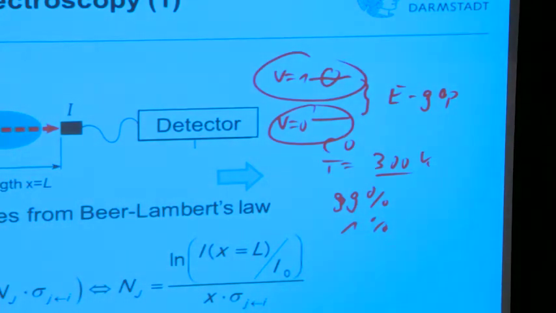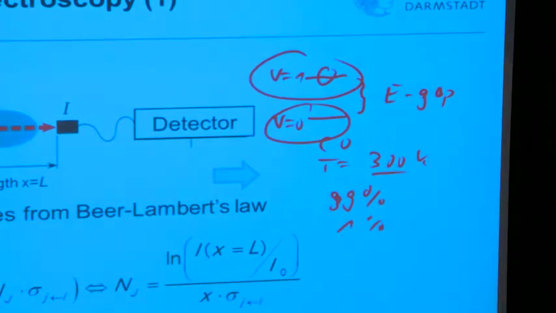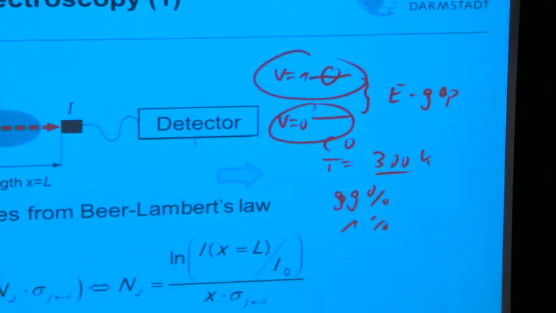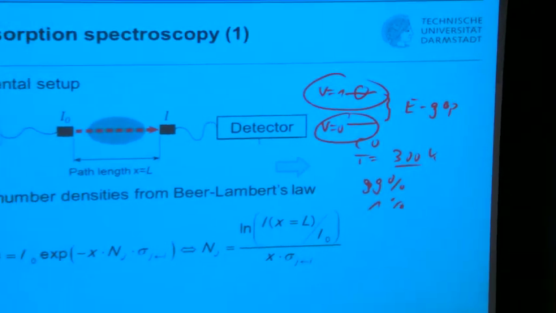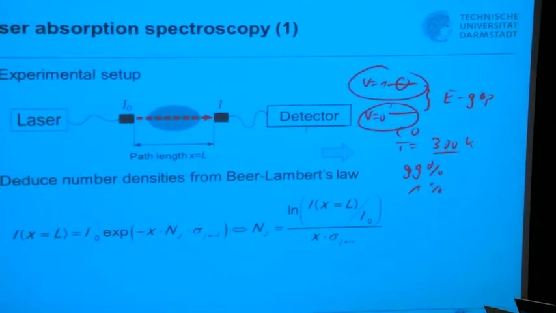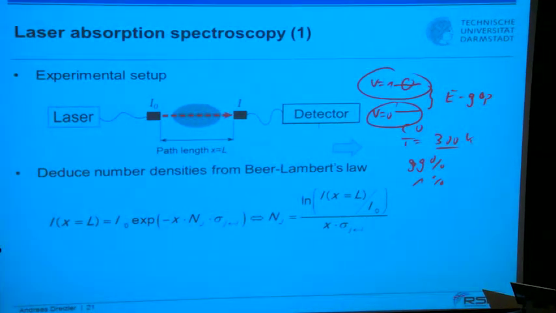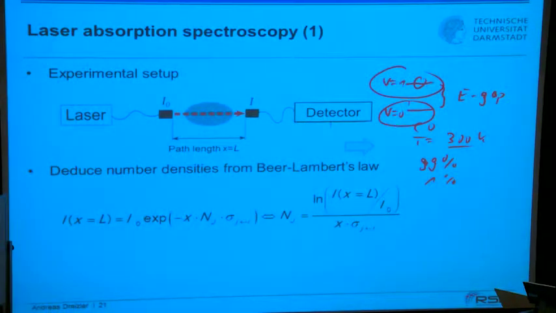So one possibility is, if you have a certain volume, it's not sufficient to just take a meter. One possibility is that you flood this volume with a molecule that your laser can be tuned to.